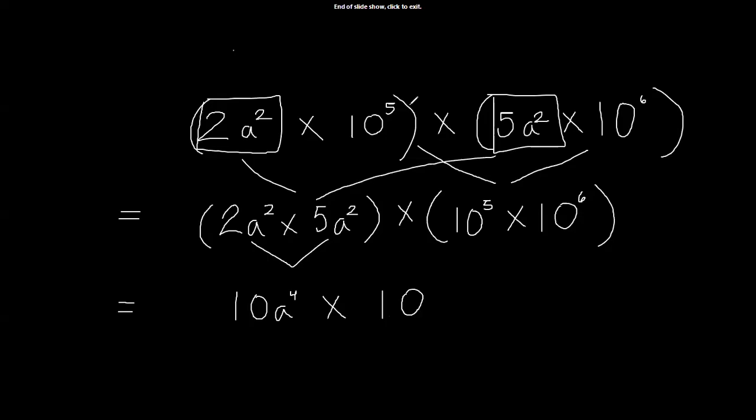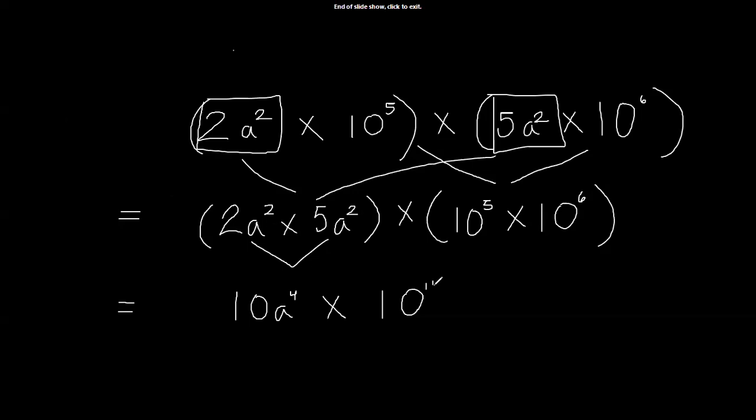How did I get 4? Add the exponents. 2 plus 2, same base. Add the powers. So 10a to the power of 4 multiplied by 10 to the 5th plus 6, which is 11. So it'll be 10 to the power of 11, right?